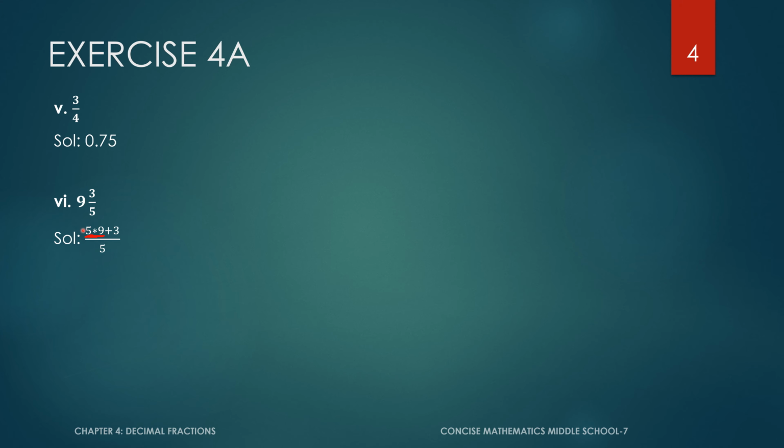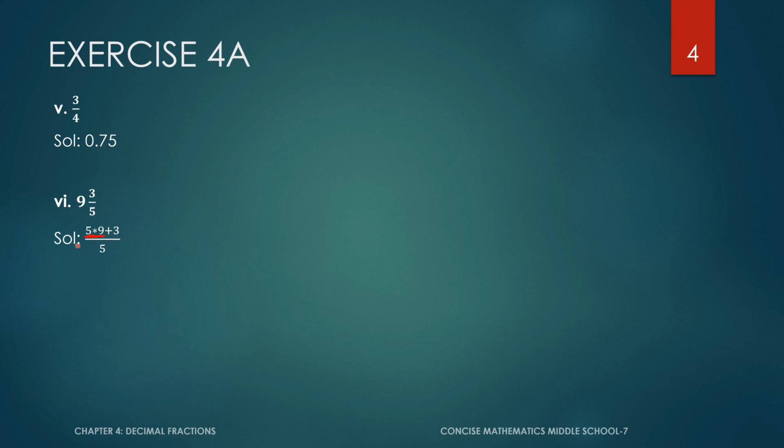So you have to multiply this first. You should not add the 9 plus 3. You should not do it. If you do it that way, you get a wrong answer, because always while doing this kind of simplification, you have to follow the DMAS rule for sure.